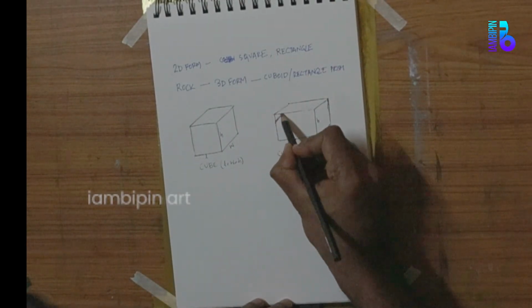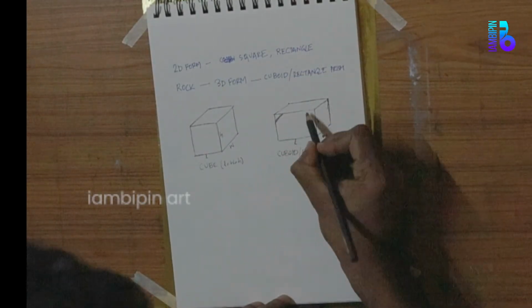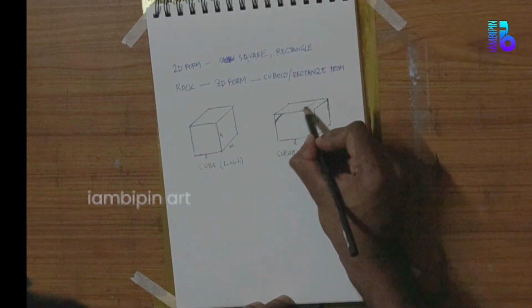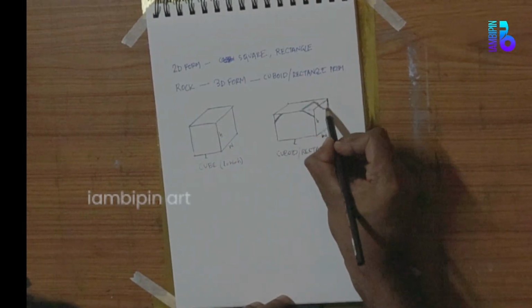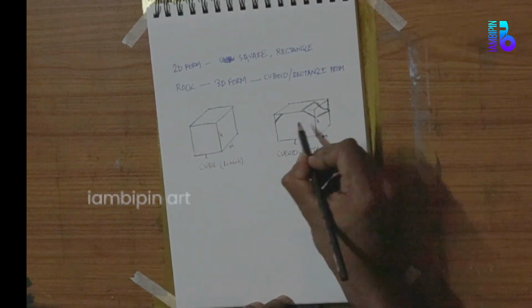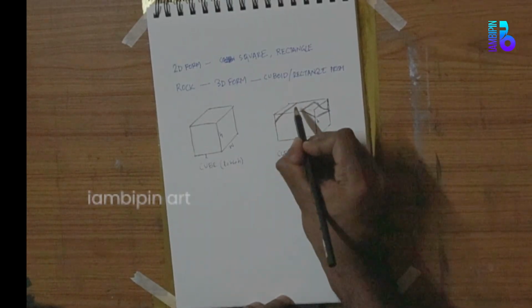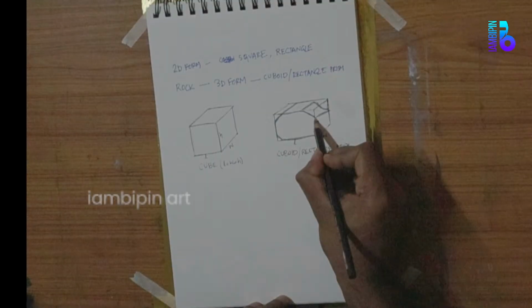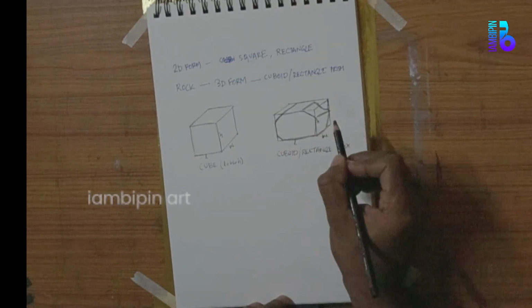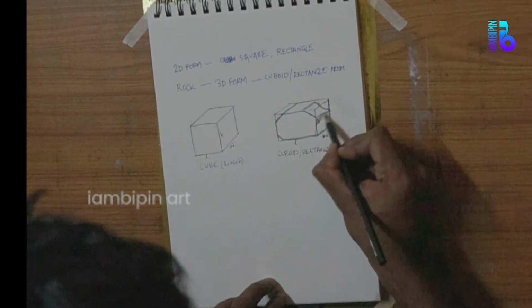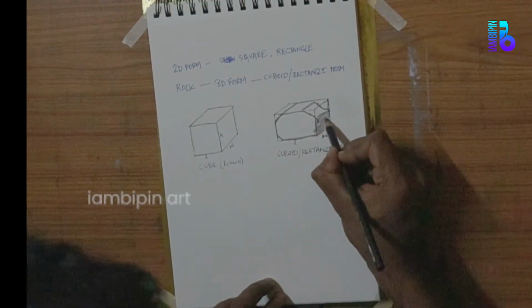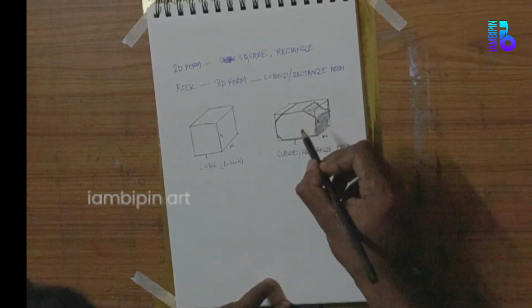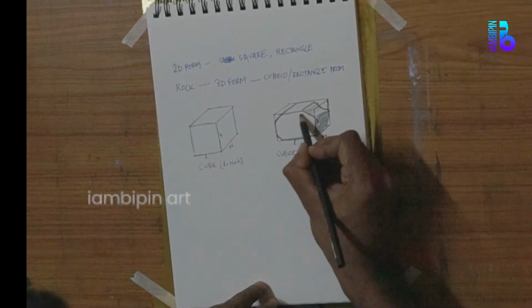And if you create some irregular edges like this, then it will look like a stone. A rock. So this is what I meant.